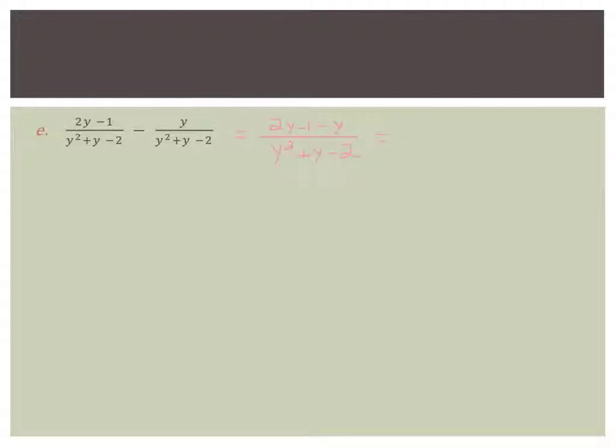So 2y minus y is 1y minus 1. And then on the denominator, I'm going to go ahead and factor that. So y times y is y squared, 1 times 2, and I want a positive y, so it's going to be a plus 2 and a minus 1. And then I can cancel my y minus 1s, so that'll give me 1 over y plus 2.